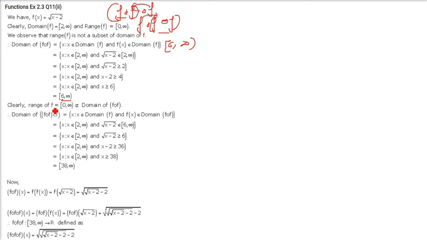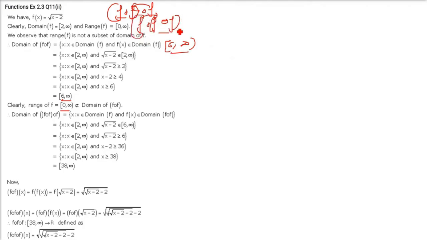When we take these two, they don't match, as I told you earlier also. So we have to find out the domain which matches these two. As in the earlier discussion, if the domain doesn't match, we have to find the AND of the domain so that f o f o f is defined for it.